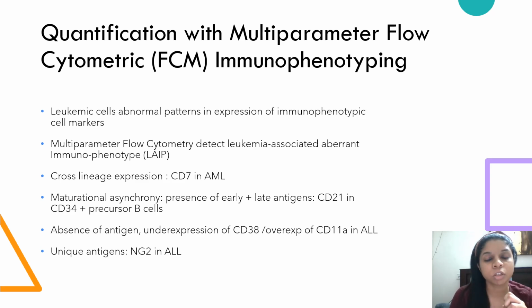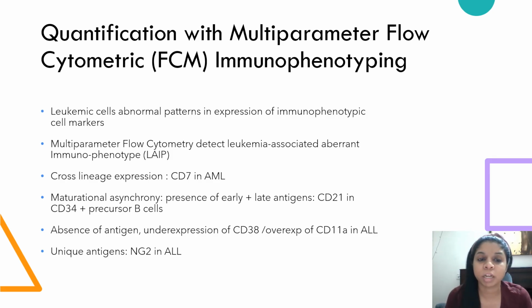Leukemic cells show abnormal patterns of expression of immunophenotype. There are CD markers: for T cells they are 3, 5, 4, 8, etc., and for B cells it is usually 19, 20, 21, etc. Like that, there are CD markers for mature cells and for blasts, like TdT, CD34, etc. So leukemic cells show aberrant or abnormal patterns of expression.